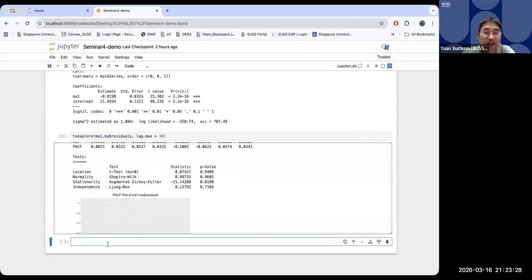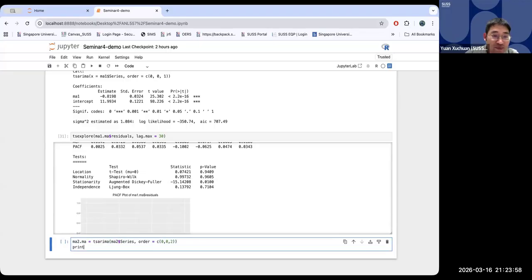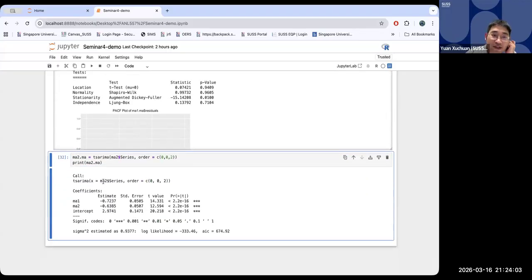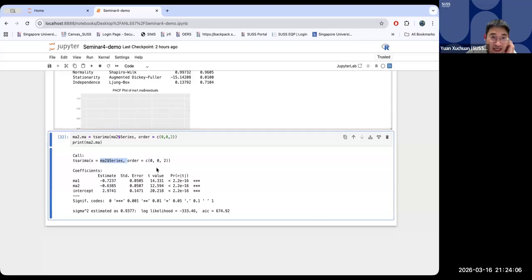Maybe we fit an MA2 model to that time series, using the arima function, with order 0, 0, 2. It's an MA2 process for the second time series, and you can print the MA2 model. So this is the second time series, and you fit it as an MA2 process, right?